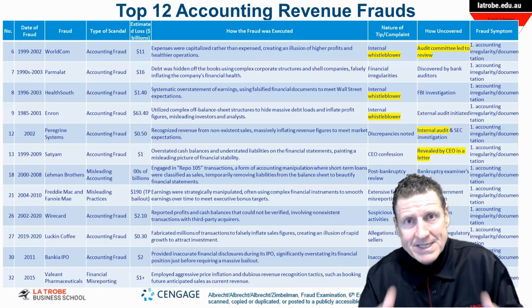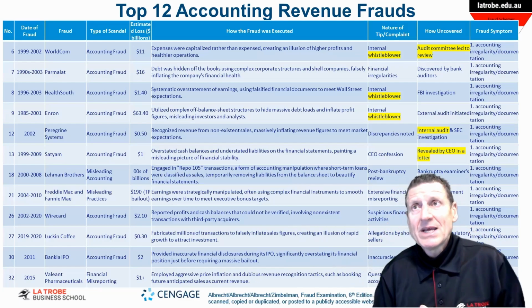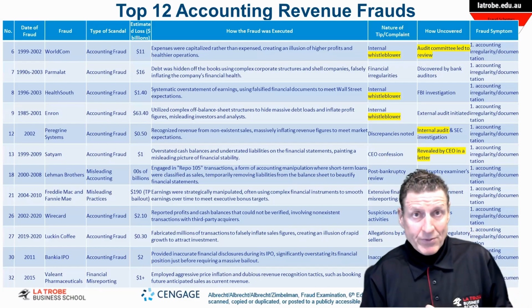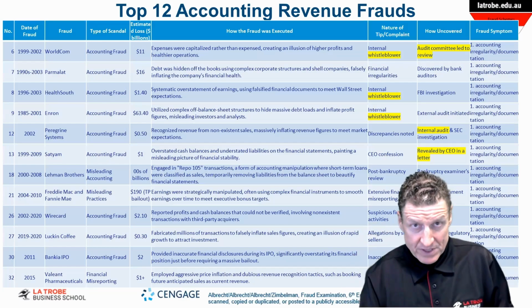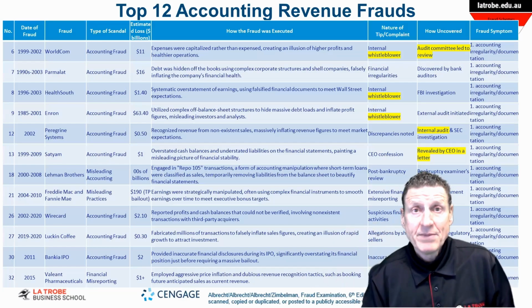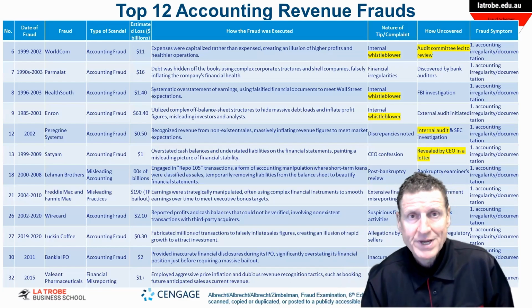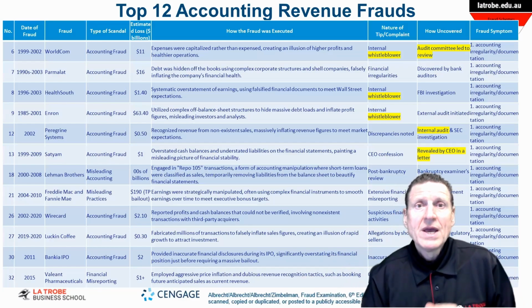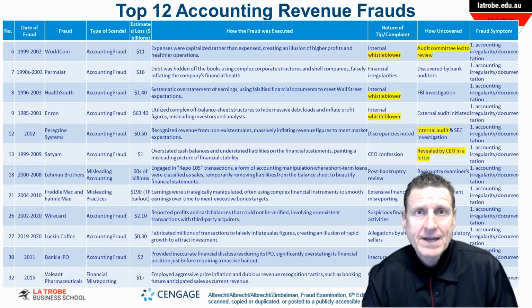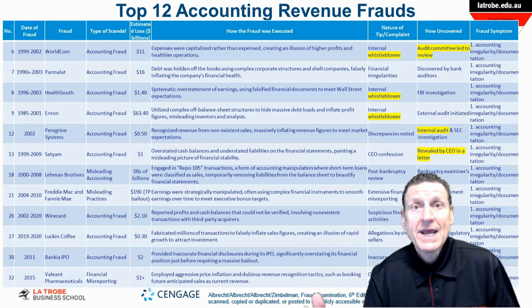But this table is not necessary to show you whether it's a revenue, inventory, asset overstatement fraud, or a liability understatement fraud, or a disclosure fraud. This is to show you how the fraud was uncovered. Like, how was it found out?